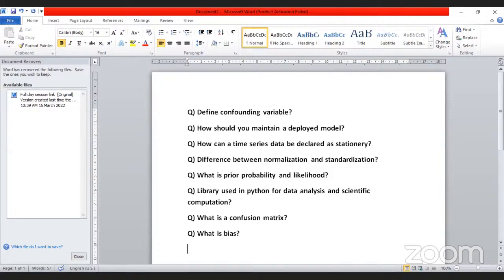Now, the next question that comes into the picture is, what is the variance then? Can you try to answer this question? What is the variance then? You have understood what bias is, so try to answer this question. What is the variance?